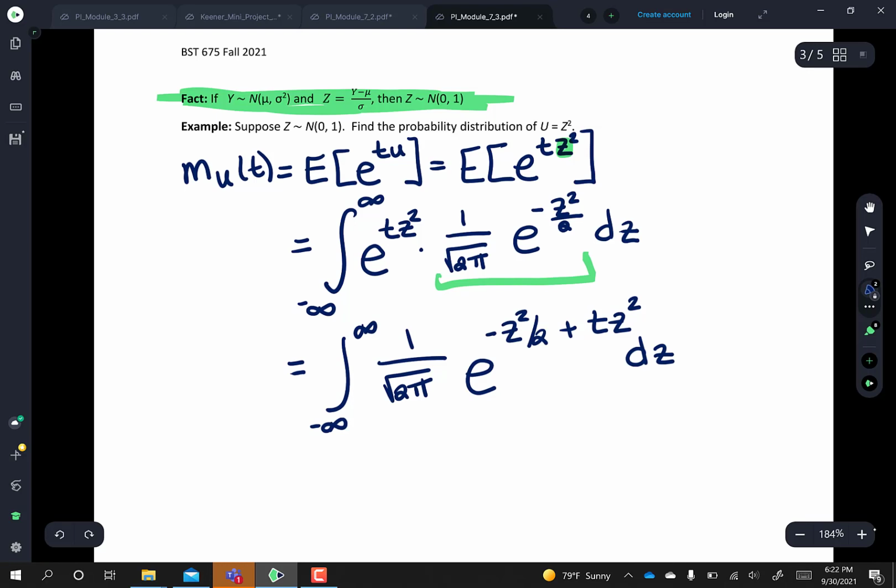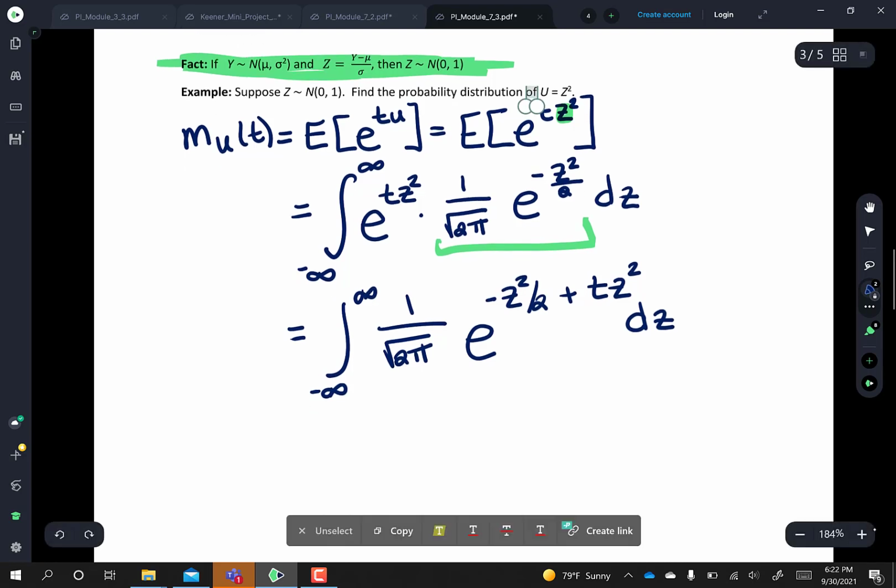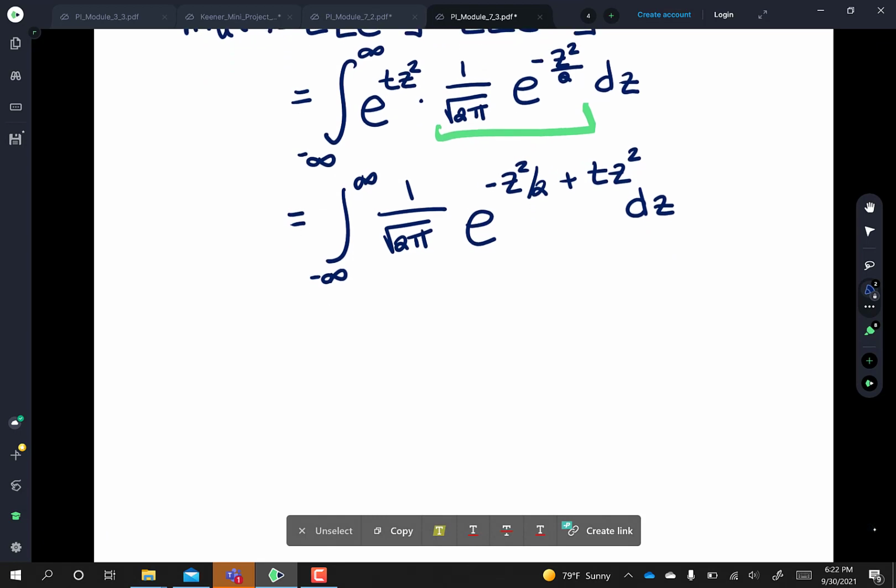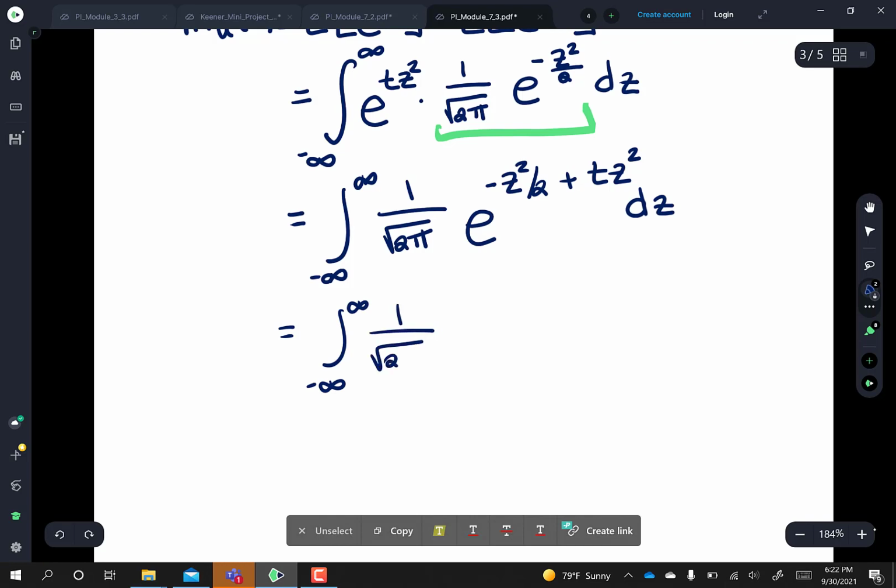So all we did was bring in that e to the tZ squared and multiply that through. And then notice this is equal to the integral from negative infinity to infinity of 1 over the square root of 2 pi, e to the negative Z squared divided by 2 times (1 minus 2t).